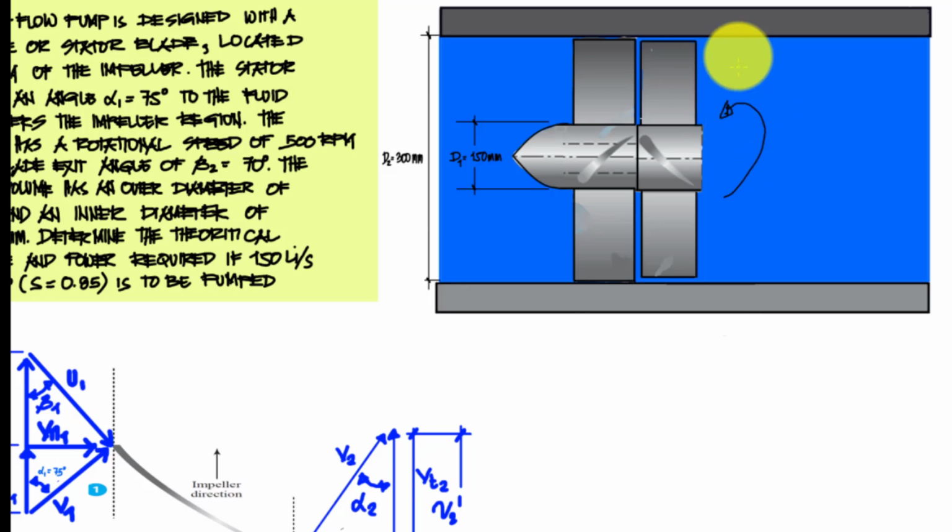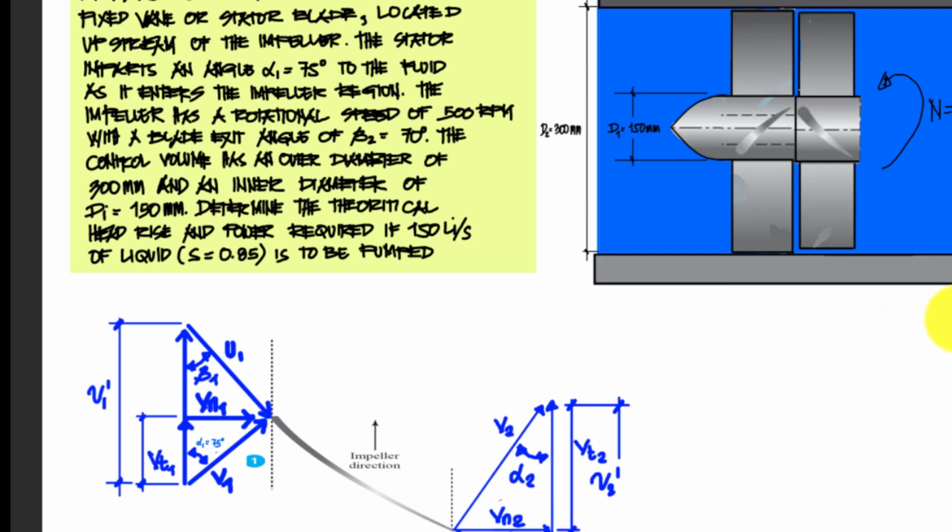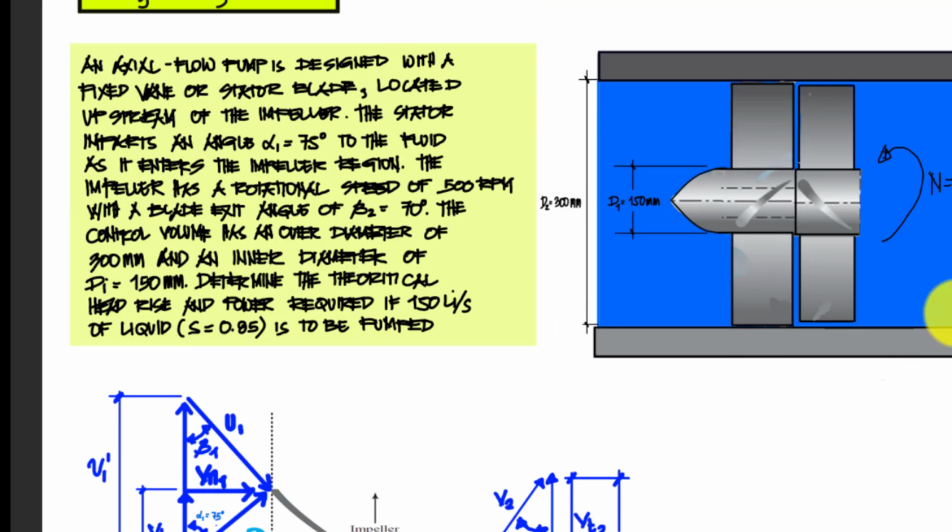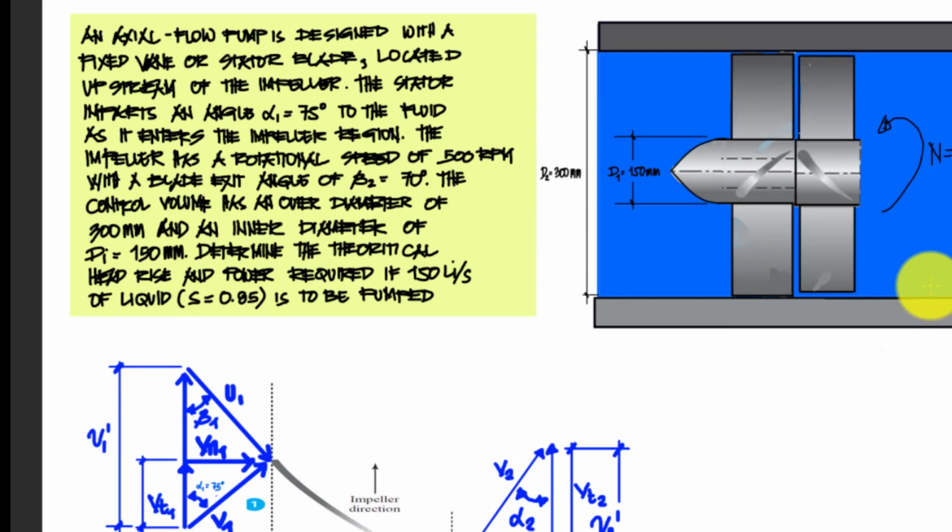That will be the N, and that will be the RPM, which is 500 rev per minute. So that will be the rotation of the impeller and the shafting. And then has a blade angle, which is 70 degrees. So here the blade, that would be 70 degrees.